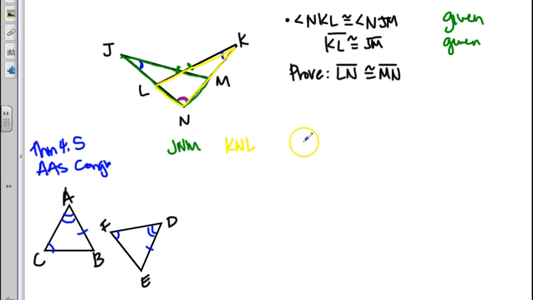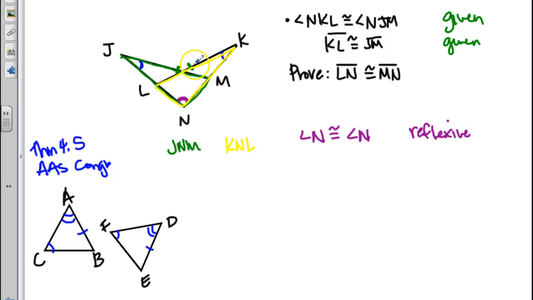All right, so my statement would be angle N is congruent to itself. Wait, what? What property is that? That's reflexive. So by the reflexive property, we know that angle N is congruent to itself. Angle N being congruent to itself solidifies angle, angle, side.